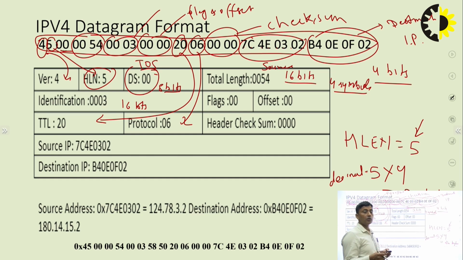No. Because if there were data in options, the header size would be more than 20, like 22, 23, 24, up to 60. But the header length is exactly 20 bytes. That means no option is there, no data in the option field. So the option field is of 0 size.